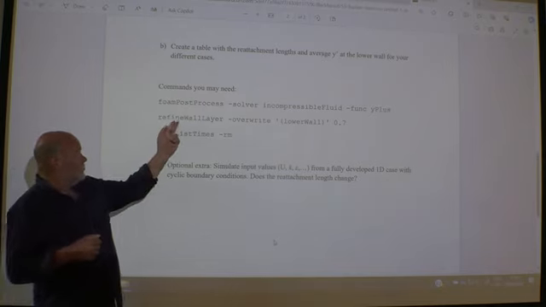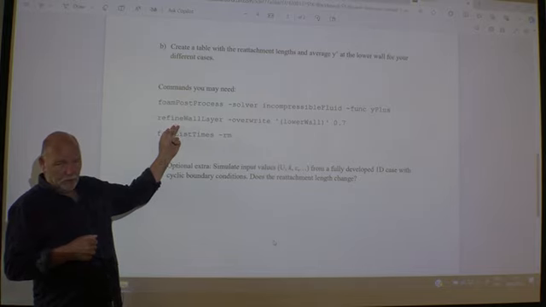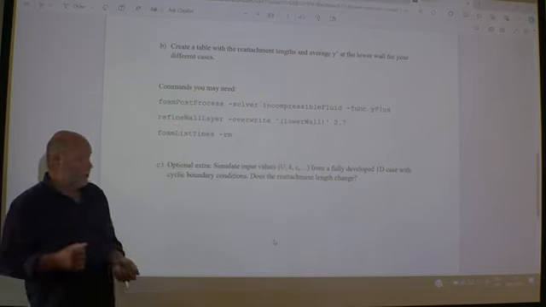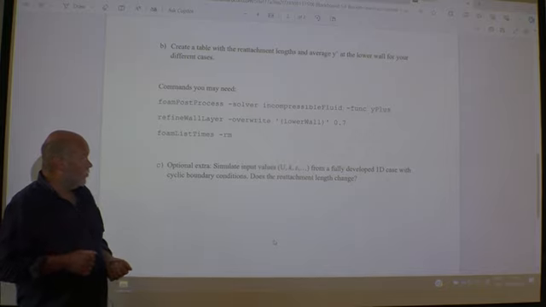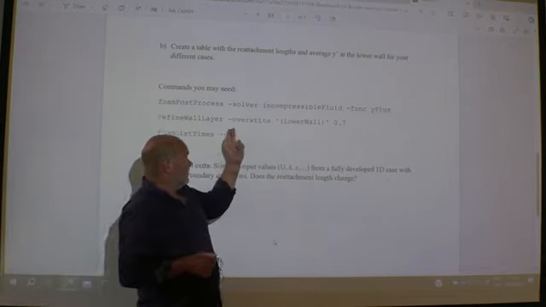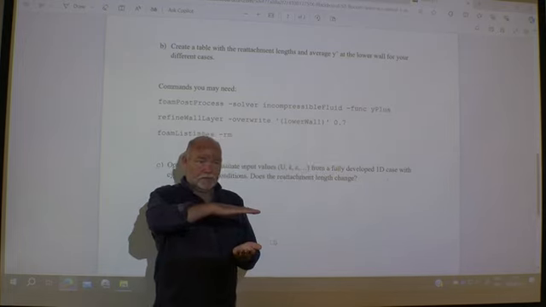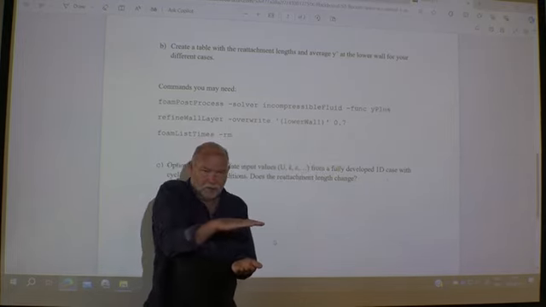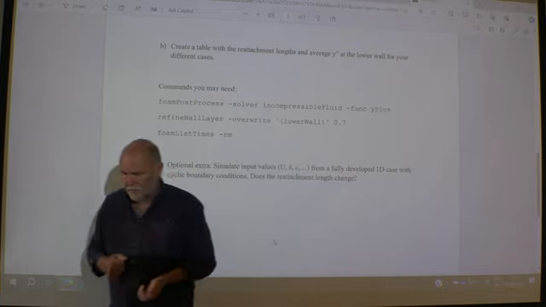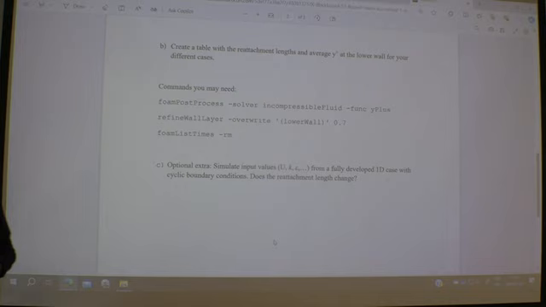You also have this refine wall layer, as we talked about. You can really chop up your mesh close to the wall if you want. Then this will be the syntax. You have to put in a number here. If you put 0.5, then it will split the cell closest to the wall in half. So that might be a little bit too crude.